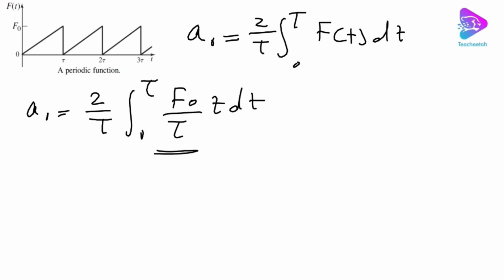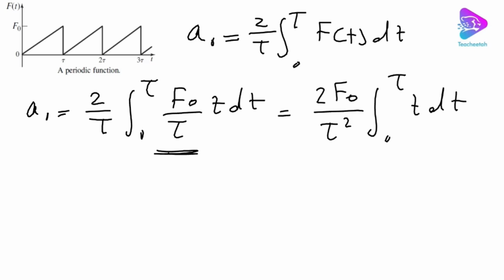This is a constant part, we can take it out, which gives us 2 F naught divided by tau squared, integral from 0 to tau of t dt. And I'm pretty sure that you know how to find this integral, because it's pretty easy.